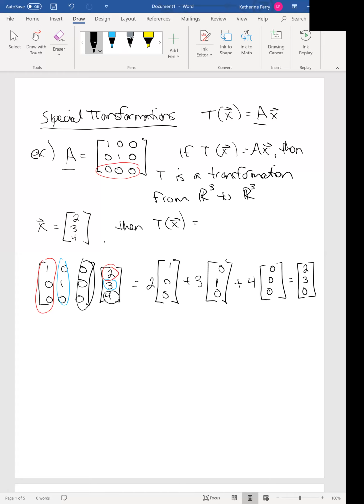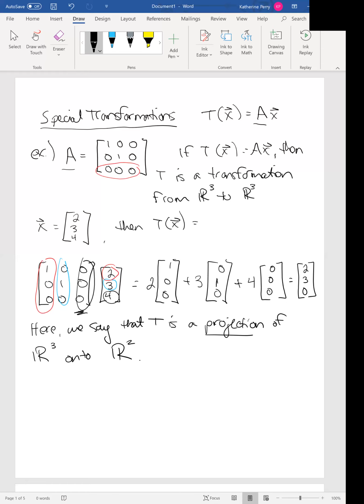And so this is a special type of transformation. And here we say that T is a projection of R3 onto R2. So because this third column is always zeros, this third entry right here will also always be 0.